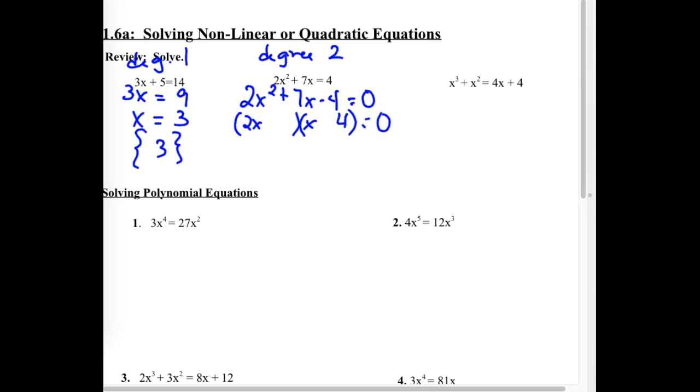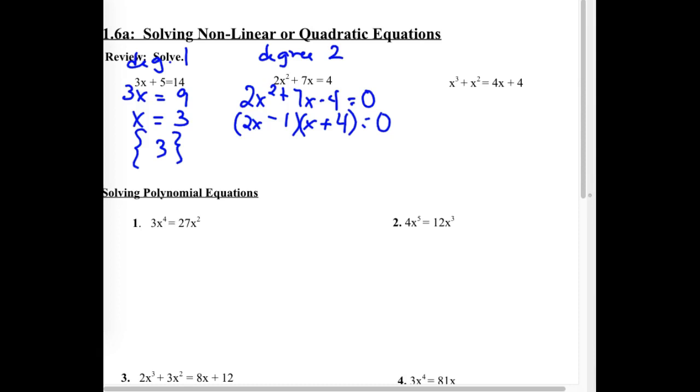If we put the 4 here, 1 there, what signs do we need? Negative 1, positive 4. Check your insides and outsides if you were refoiling it. Does it get us a 7 in the middle? Yes? All right.